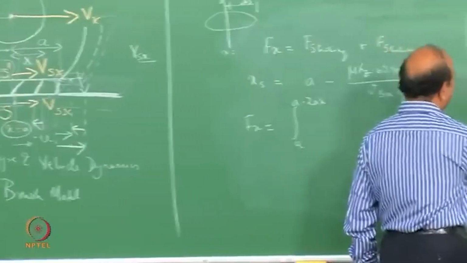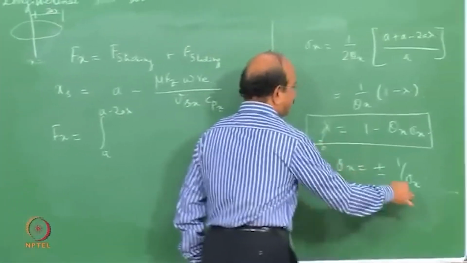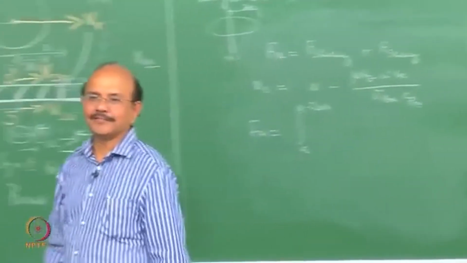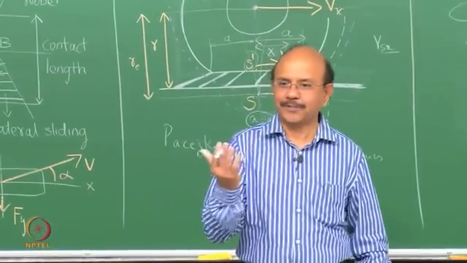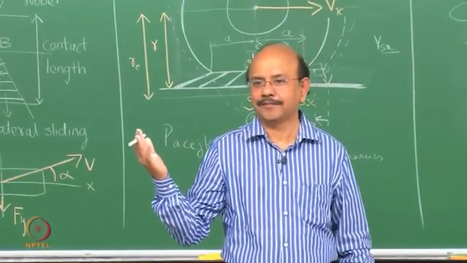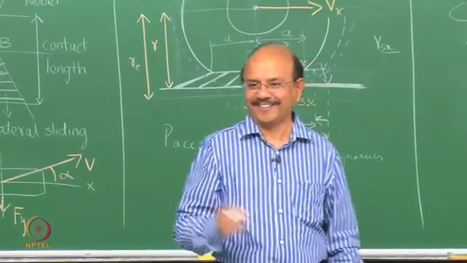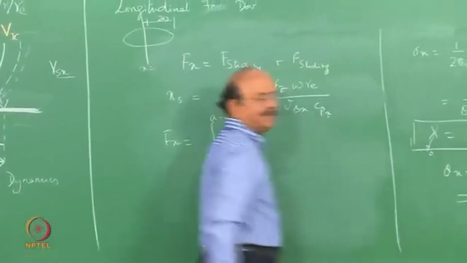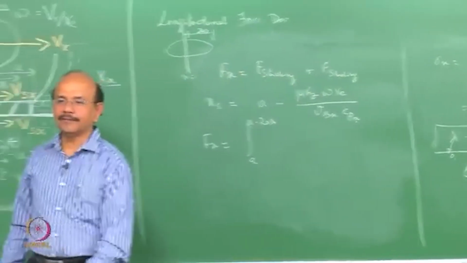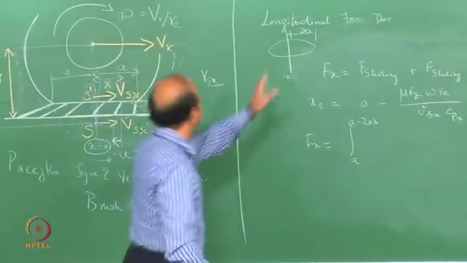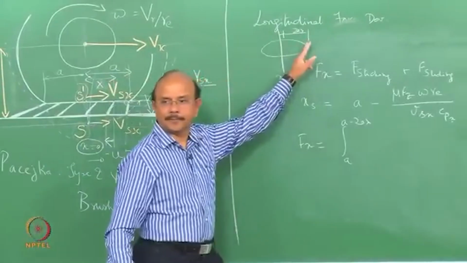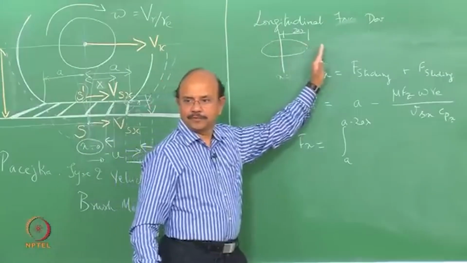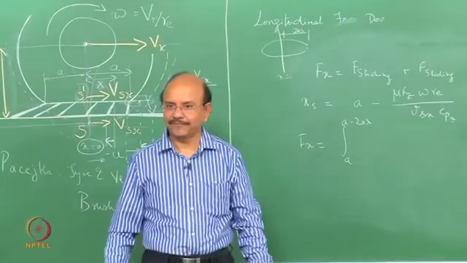Lambda should be equal to 0 for this, that's why you get this. Guys, be awake. Lambda equal to 0 is where complete sliding takes place, not lambda equal to 1. So that's why you get theta x sigma x equal to 1. That's the point: complete sliding. Sliding just moves like that.